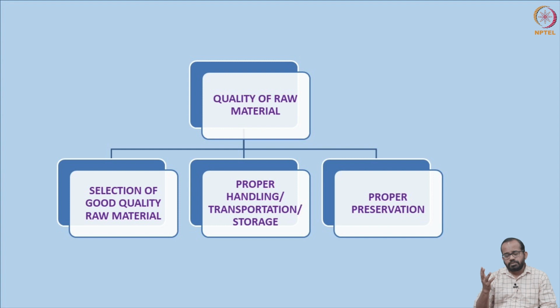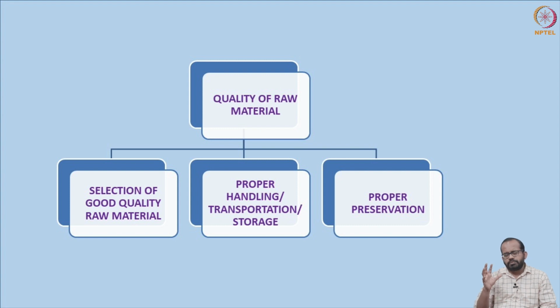Also, different kinds of preservation techniques are used, and that is very important. We use different preservation techniques for handling the raw material. When the raw material is received at the production unit, salting, chilling, freezing, cold storage, etc. can be applied. These are some of the techniques used to preserve the raw material.